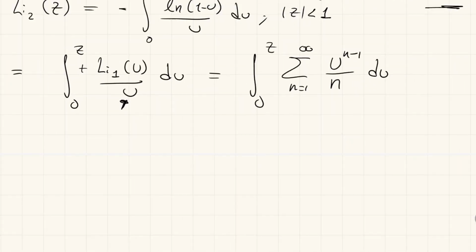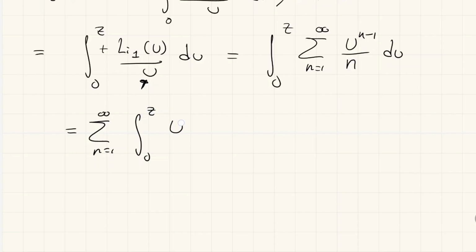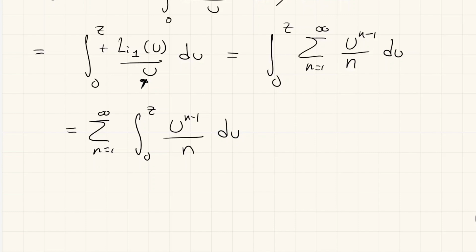So switching the summation with the integral, this is going to be equal to the sum from n equals 1 to infinity of the integral from 0 to z of u^(n-1) over n du.